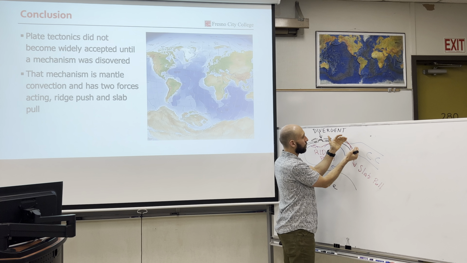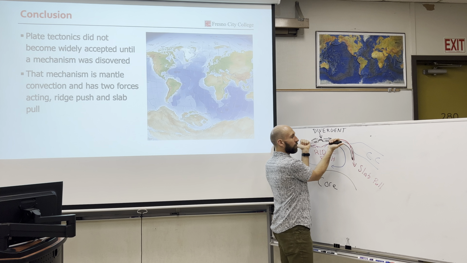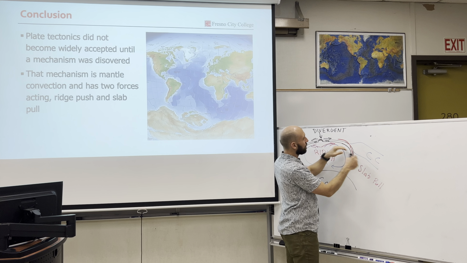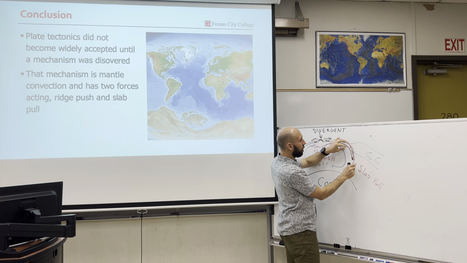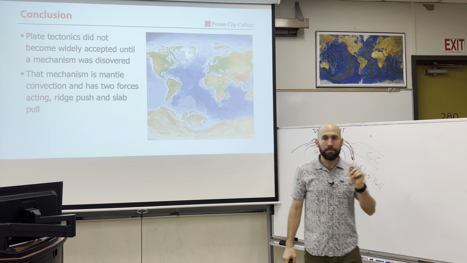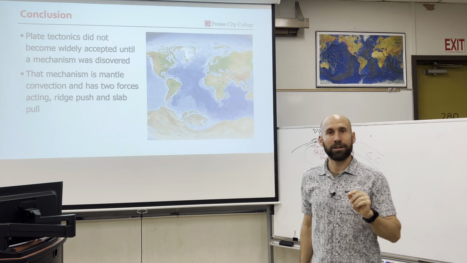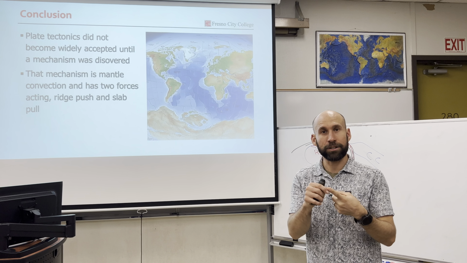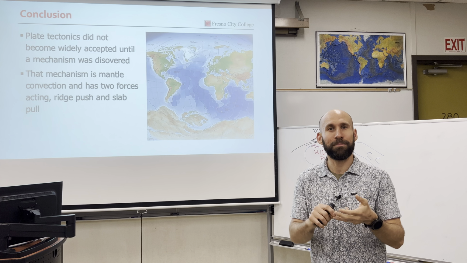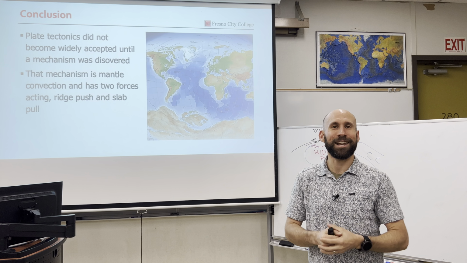At convergent boundaries, those rocks that have been traveling across the bottom of the ocean meet a continental crust and subduct and actually help to pull the plate with it. The mechanism for plate tectonics is mantle convection through the processes of ridge push and slab pull. Thank you so much, and I'll see you again.